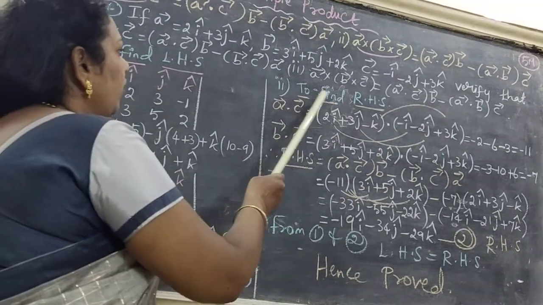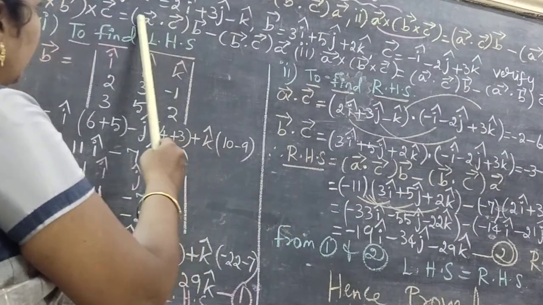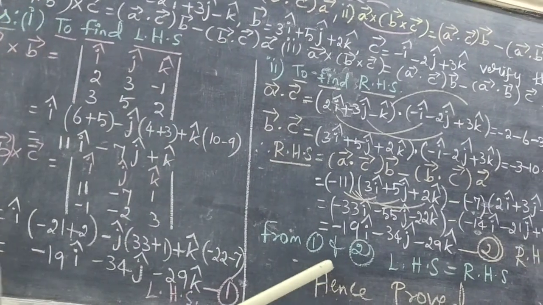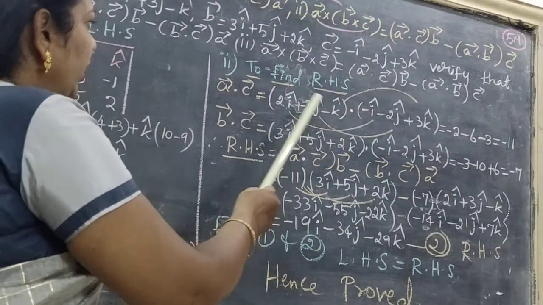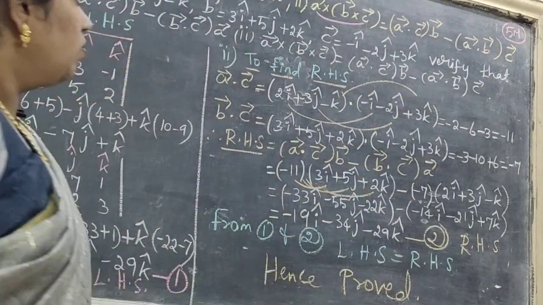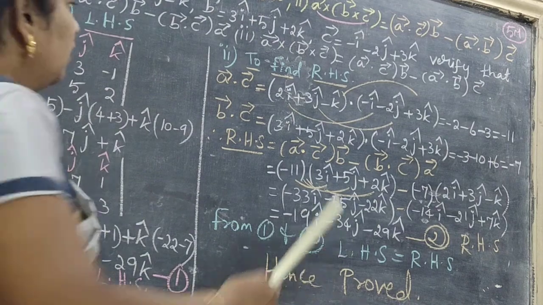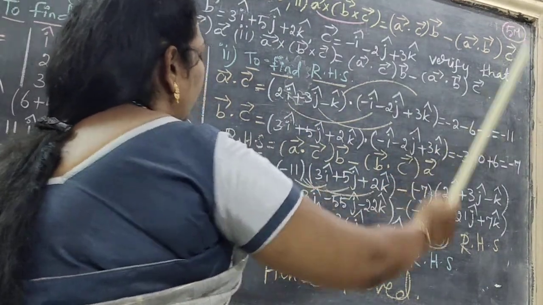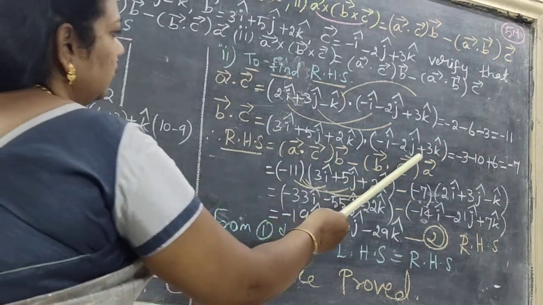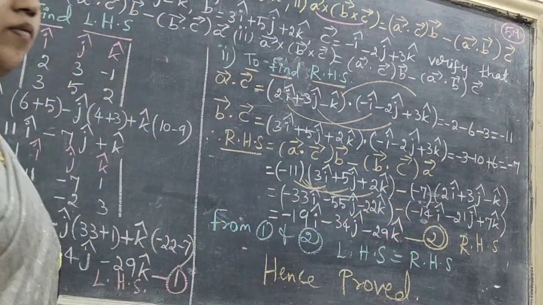Second one is to find right hand side, that is A dot C vector, B dot C vector. Dot product, already we know that i dot i is 1, j dot j is 1, k dot k is 1, because they are unit vectors. Therefore, we get the answer minus 11. Similarly, we find B vector dot C vector, we get the answer minus 7.